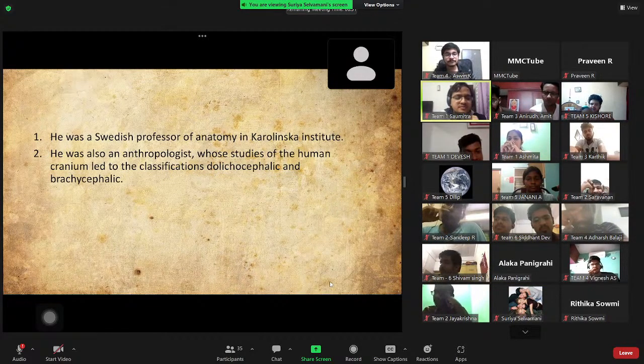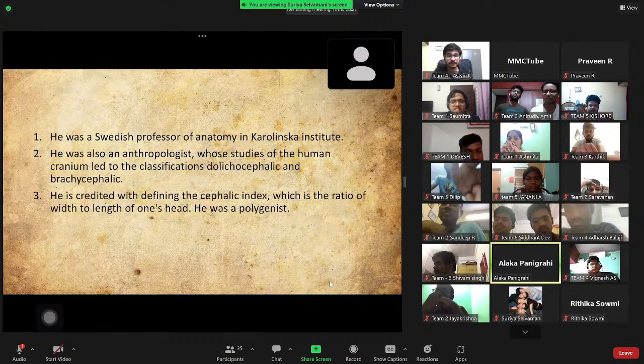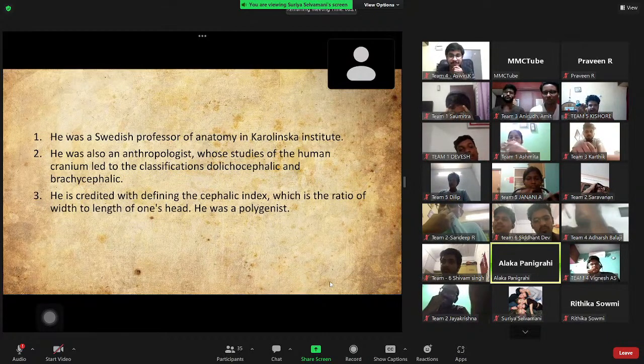Next clue. He is credited with defining the cephalic index, which is the ratio of width to length of one's head, and he was also a polymath.